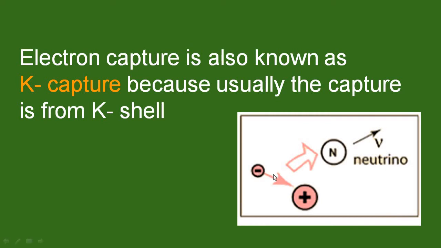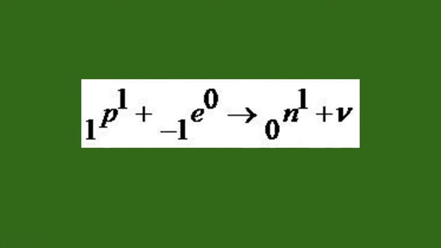So an electron is absorbed into the nucleus, and a proton is converted into a neutron and a neutrino is emitted. This is the reaction. So here only a neutrino is emitted, but in positive beta decay and negative beta decay, electrons, that means either positive or negative electrons, are also emitted.